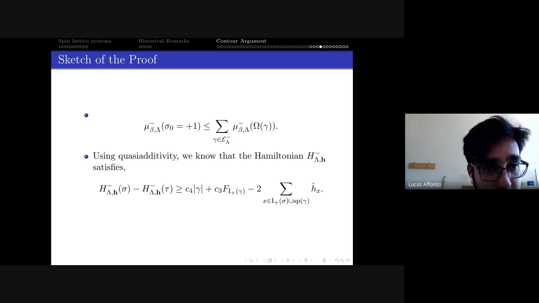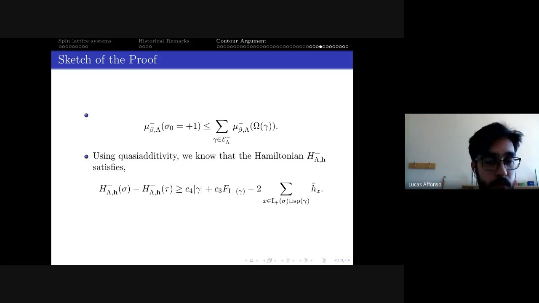The first thing is the usual Peierls argument. You look at the event of the magnetization of the origin being +1. Since you are in the minus boundary condition, you should have a contour, so this is less than the sum over all the contours.